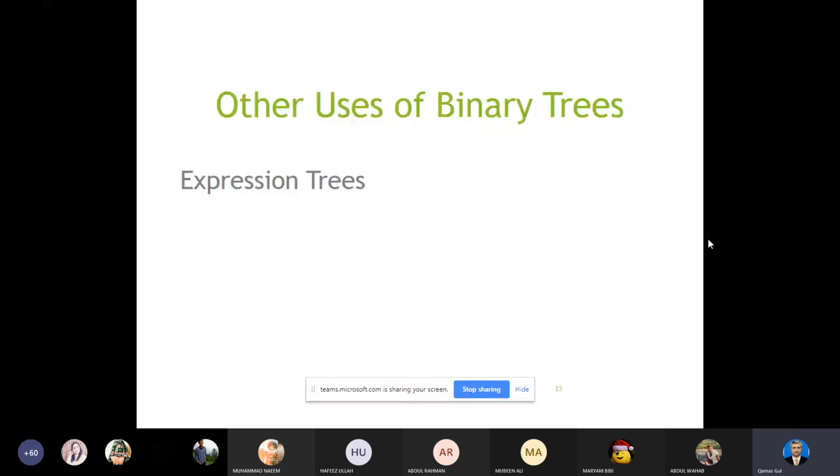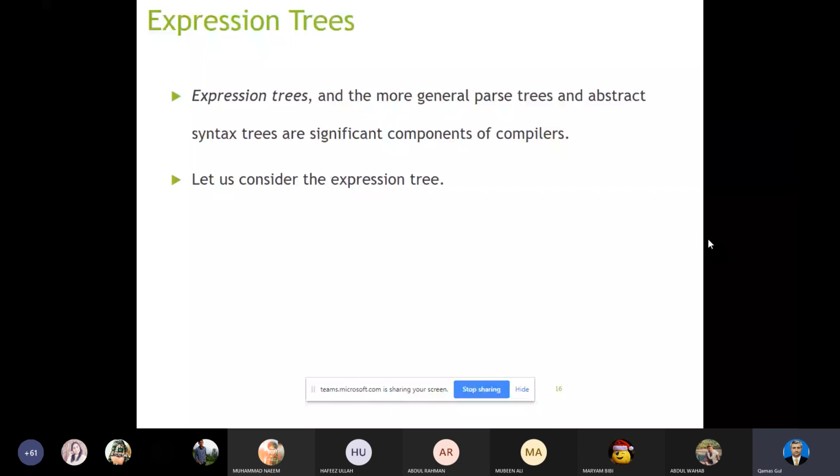Expression trees and the more general parse trees and abstract syntax trees are significant components of compilers. So now you know what a compiler is.